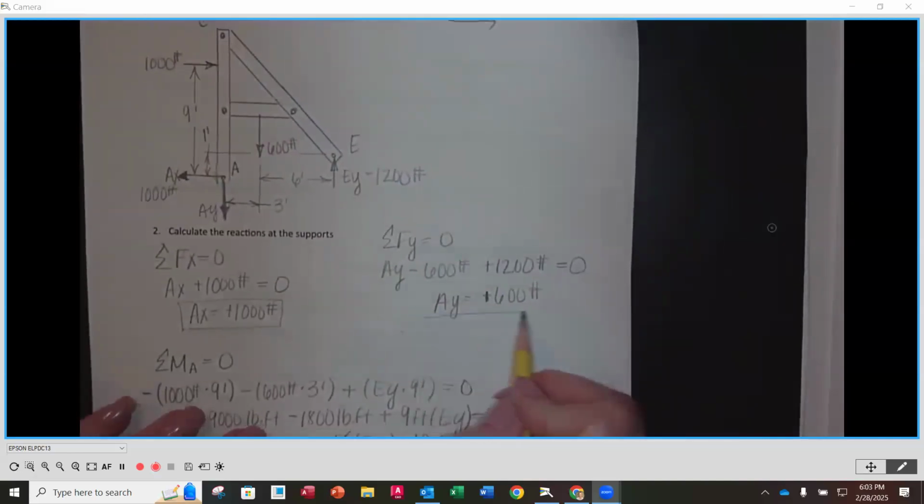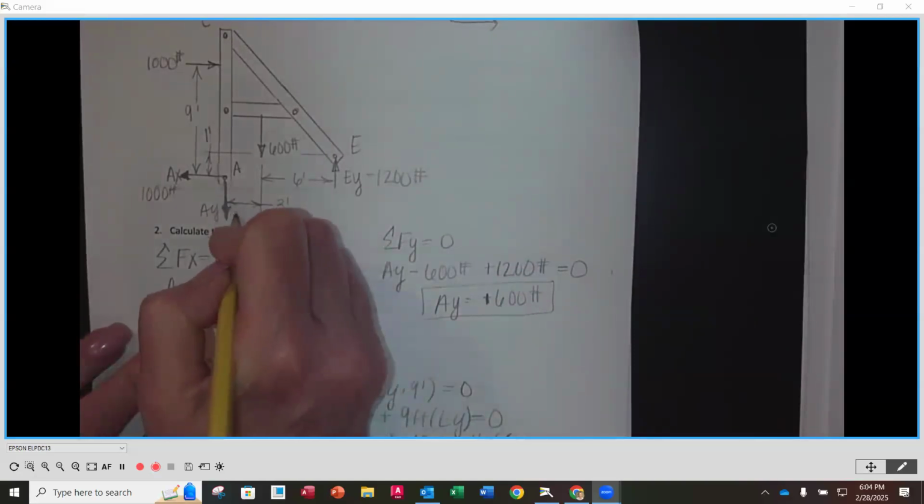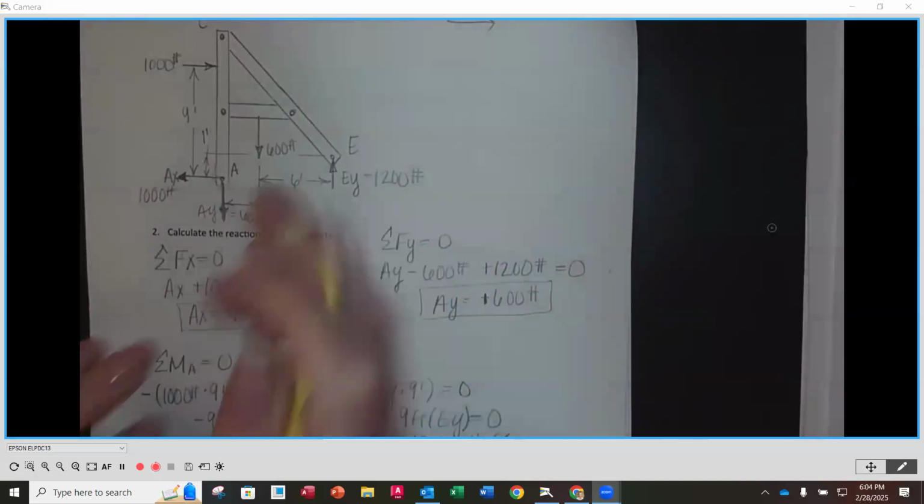And then we're going to put a box around AY. Any questions? All right. So that means that in this case, I'm going to put my 600 there.